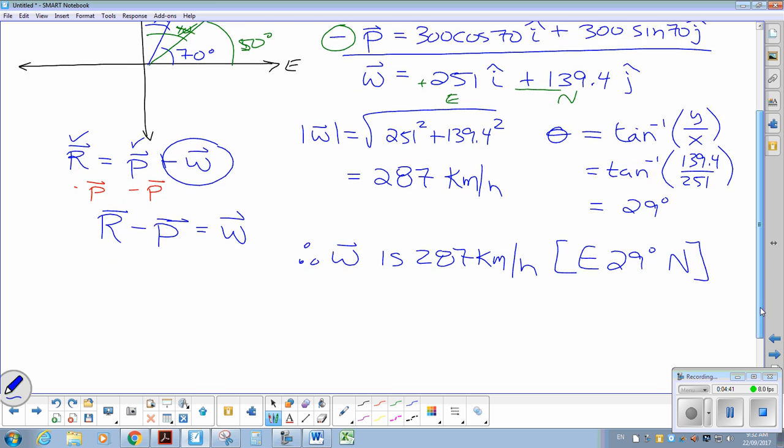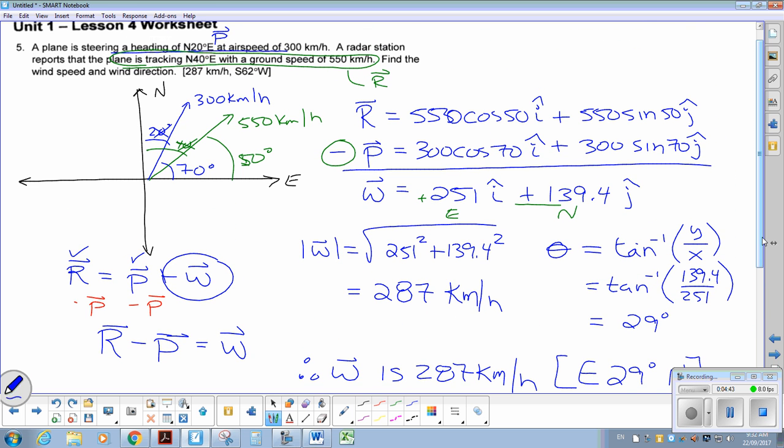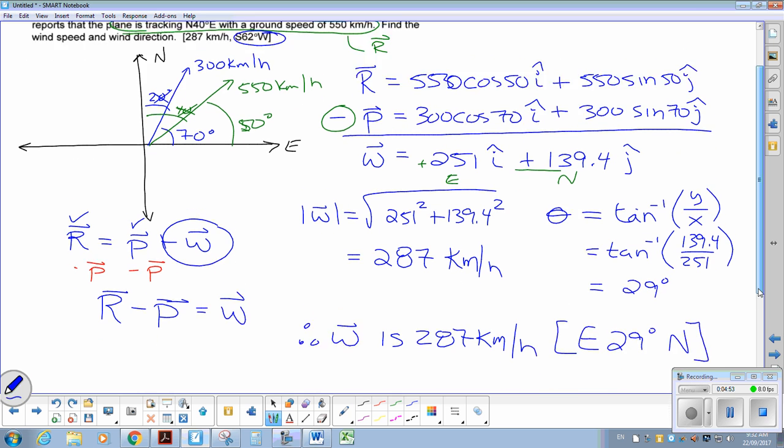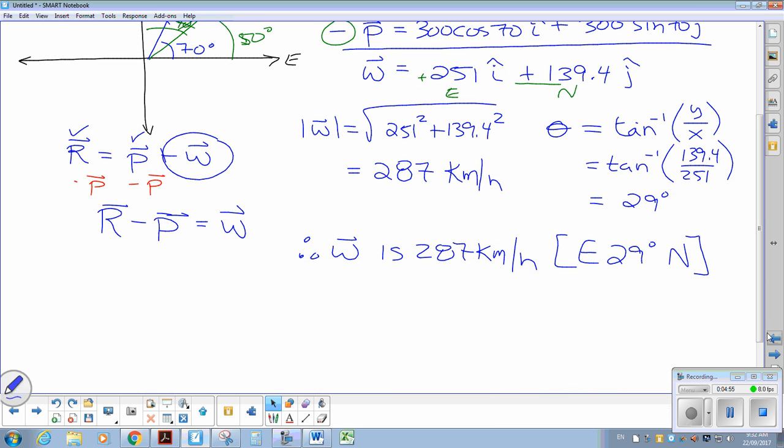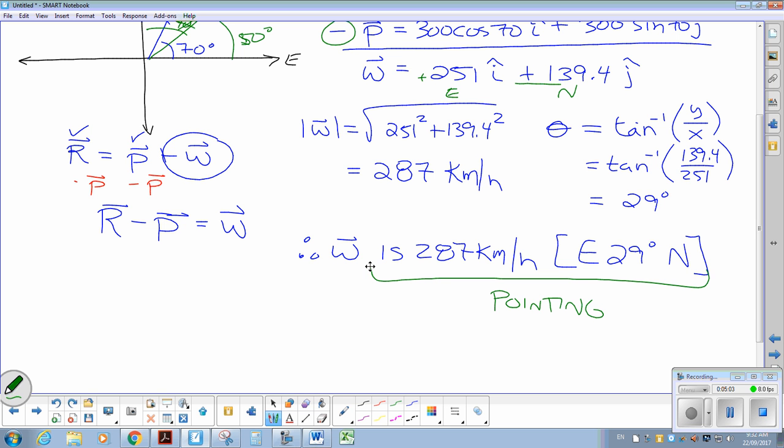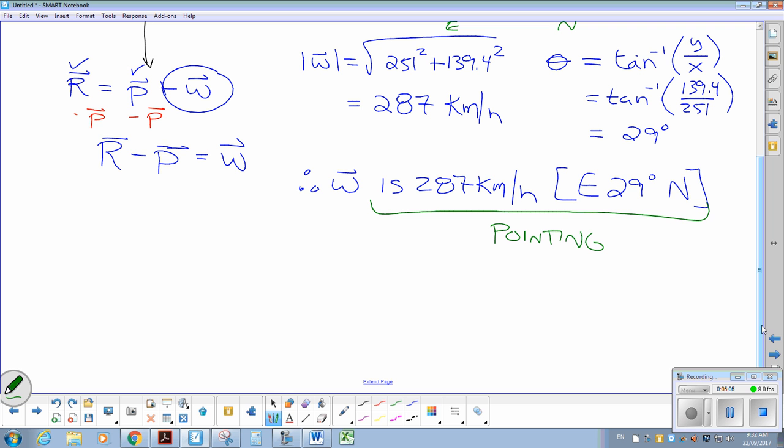And when you compare that to the provided answer, we see that they have south 62 degrees west. The reason for that, in our answer, is the way it's pointing. So let's just clarify that so you understand why it's different.